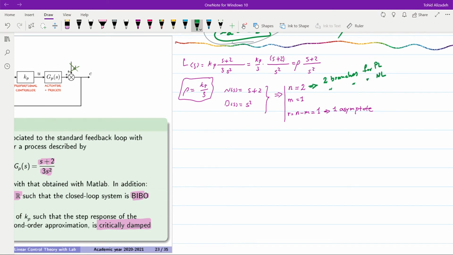And m equal to 1 means that one of the branches will end up at the zero and the other one will go towards infinity, using the asymptote that we need to figure out its properties.